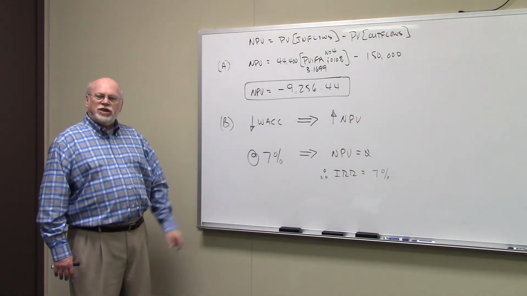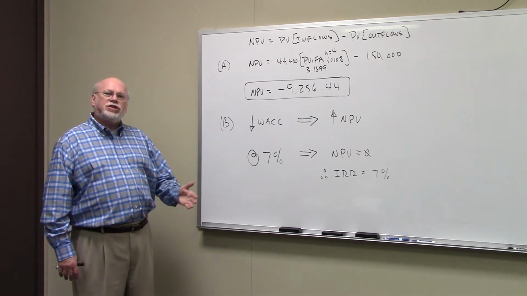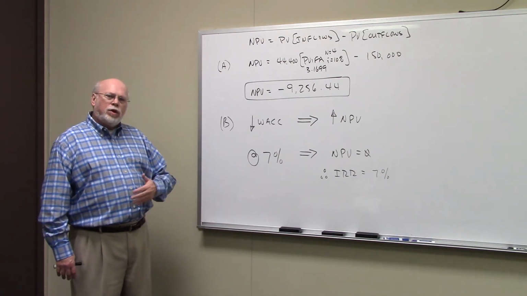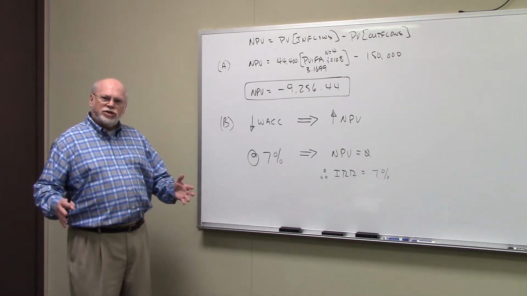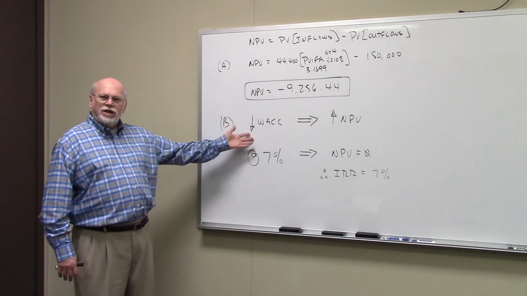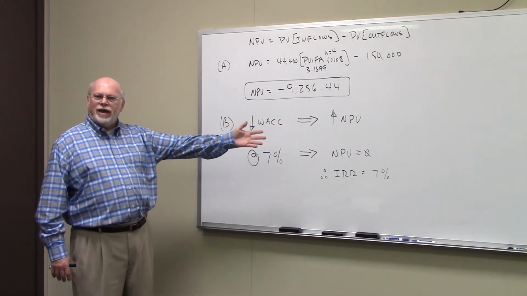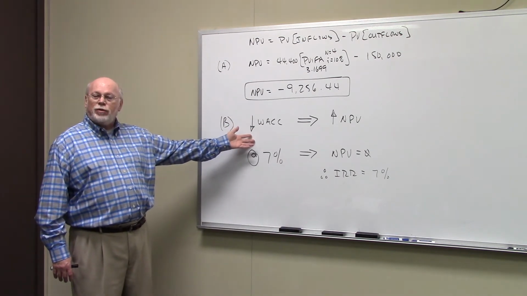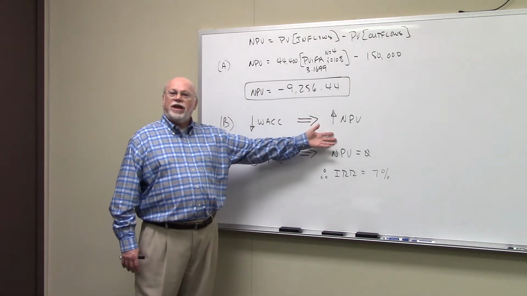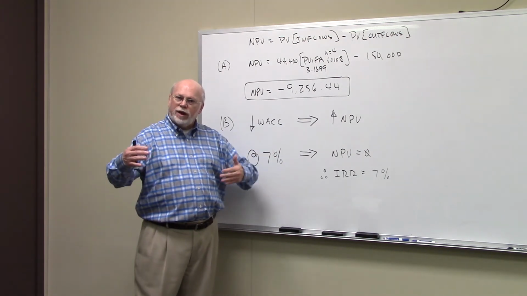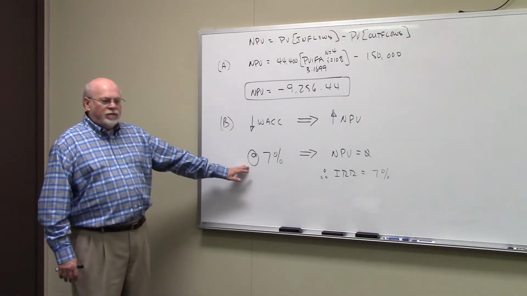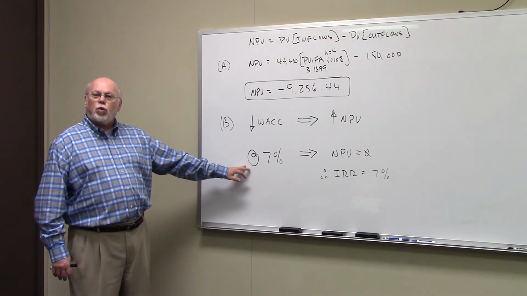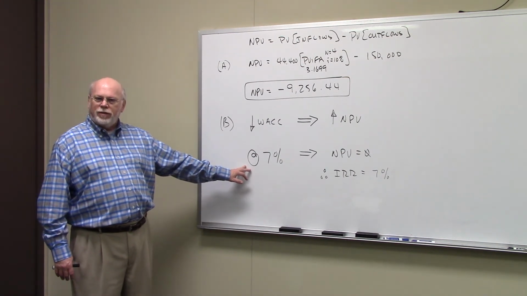And the B part says, what would happen if the weighted average cost of capital went down? Well, as we said in other lectures, there's a relationship between cost of capital and net present value. If the weighted average cost of capital went down, net present value would go up. They're inversely related. They also want us to say, what's the greatest the cost of capital can be?